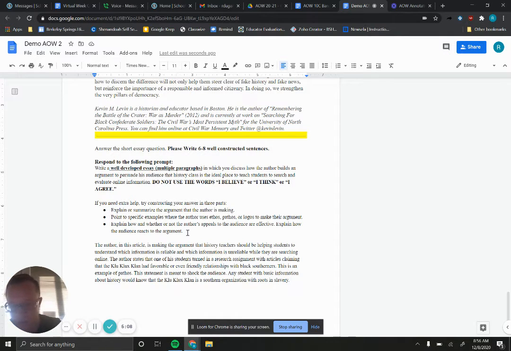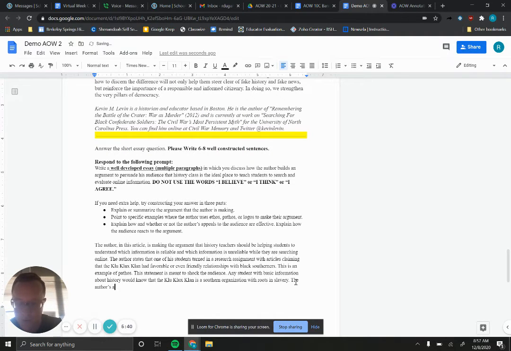And so I'm going to look at this last point. Explain how and whether or not the author's appeals to the audience are effective. Explain how you think the audience reacts to the argument. Okay, the audience, let's make it a little fancier. The author, I can't type today.